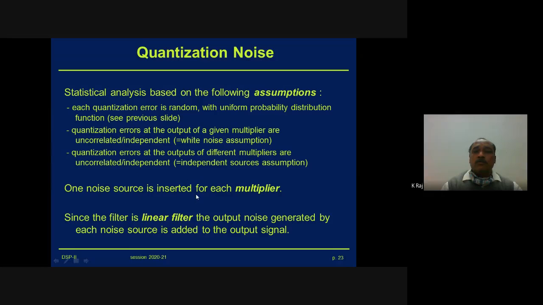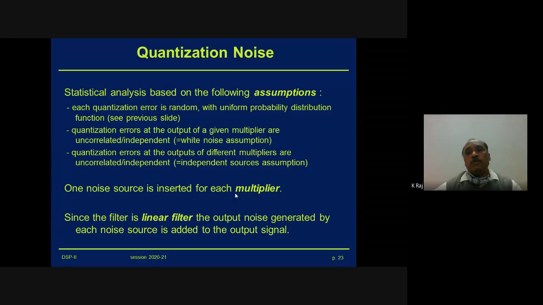one noise source is inserted for each multiplier when we are developing the model of any quantized filter, because so far we have discussed the designing concept, and during the designing we have to represent the designed filter using an architecture.